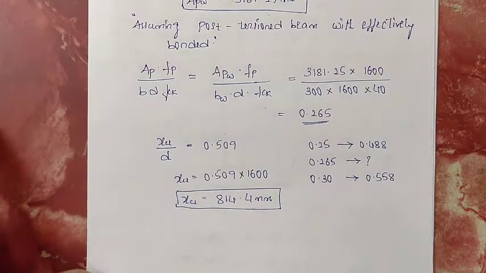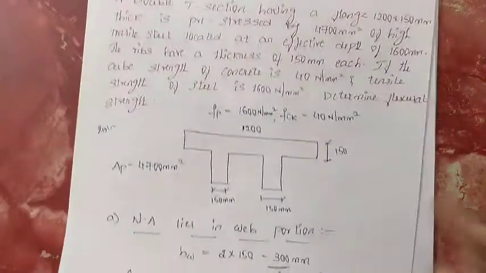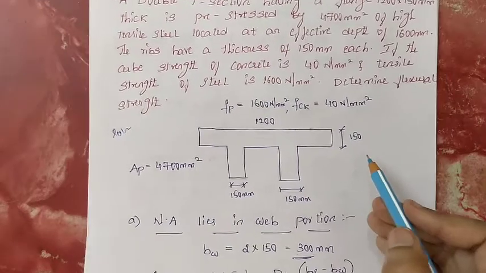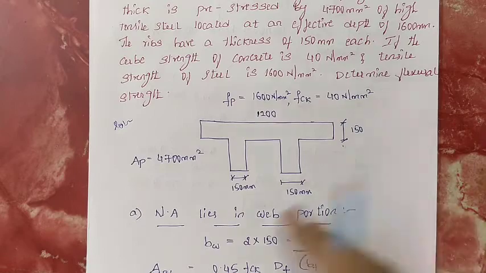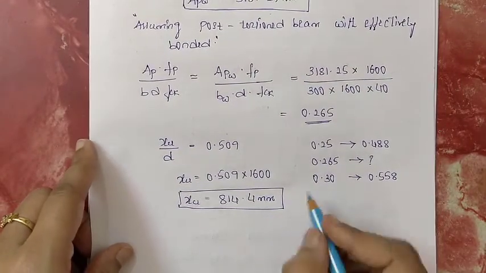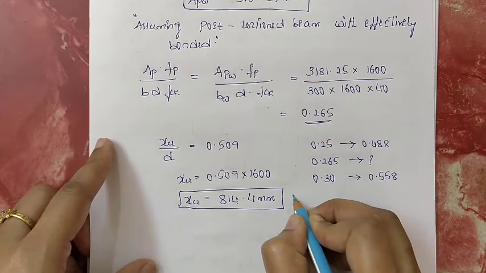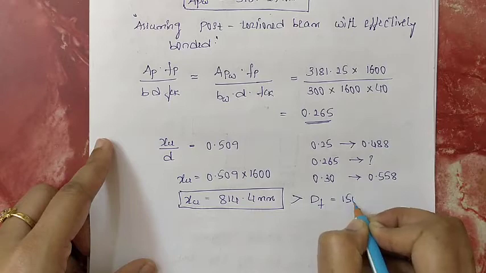But how much is the depth of flange they have given for the double T section? I will show you here, 150. You can observe here that it is 150, but XU value is greater than that. See here, 814.4 mm is greater than the depth of flange, that is 150 mm.